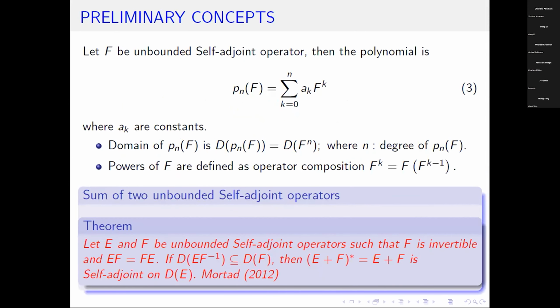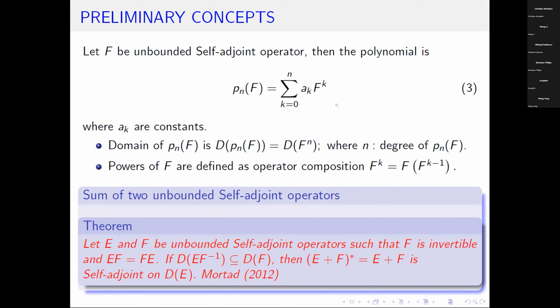Therefore, for the preliminaries, we have the operator F, which is an unbounded self-adjoint operator. And now we want to come up with a polynomial in terms of this operator. Therefore, we are summing a_k F^k, equation 3, where a_k is just the coefficient, which can be real or complex valued, simply a complex number.